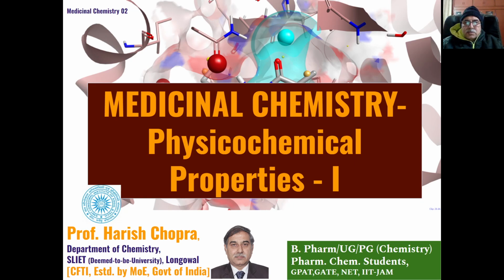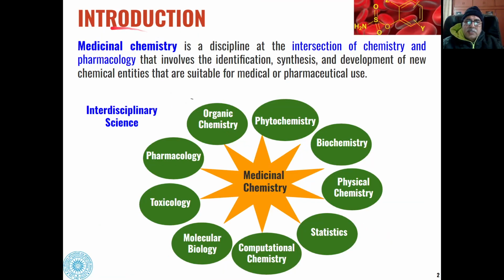Dear students, this is our second lecture on medicinal chemistry, and in today's lecture we will discuss the physicochemical properties of various targeted molecules which can act as drugs. Medicinal chemistry is basically an interdisciplinary science, and it can be thought of as an interaction of chemistry and pharmacology.